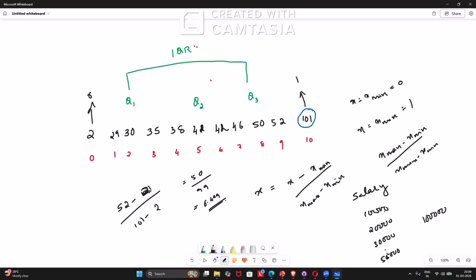Comparing these salaries for a particular decision making is the same as if you map this to 0, this to 1 and this to 0.55. The same comparison effect will be retained. But we can actually reduce the computation.